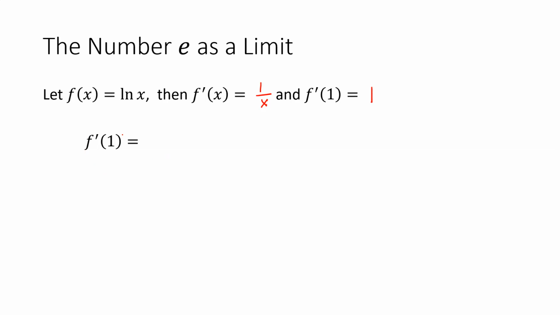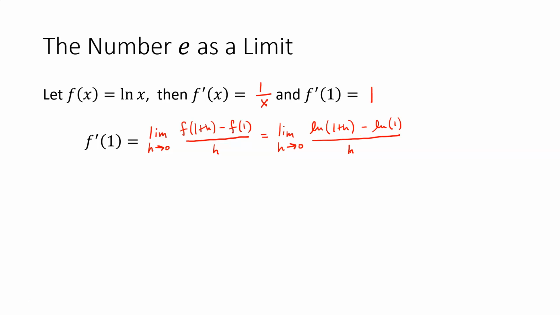On the other hand, I can write f prime of 1 in another way as a limit. As h approaches 0, f of 1 plus h minus f of 1 over h. So this would be the limit as h approaches 0, f of 1 plus h would be ln of 1 plus h minus ln of 1 over h.